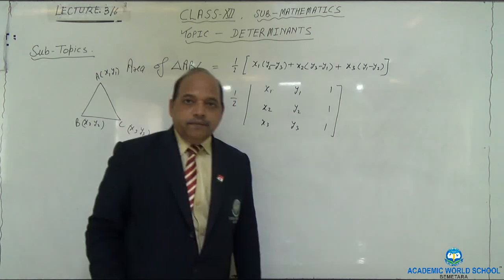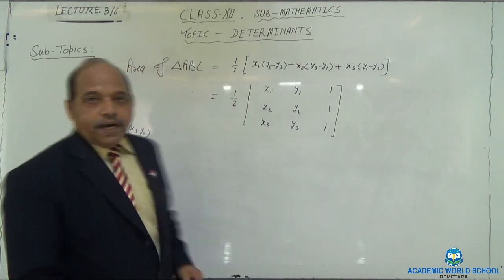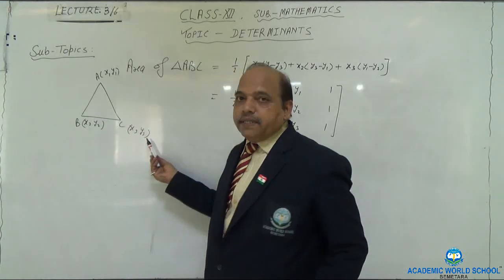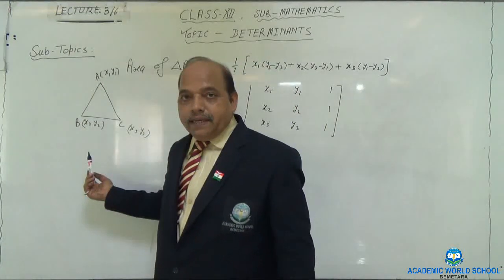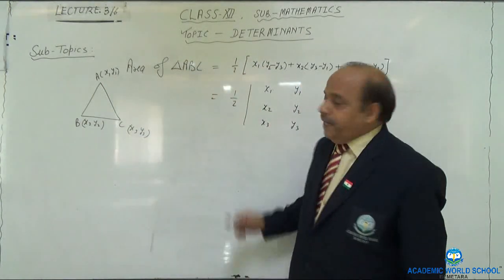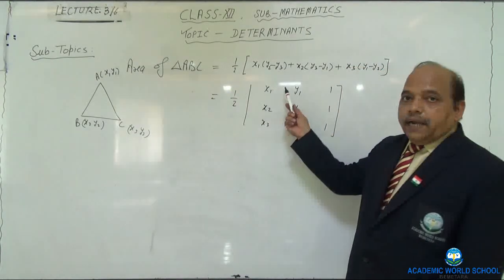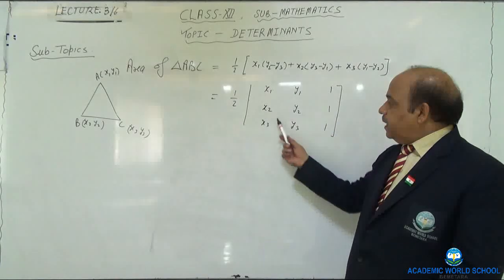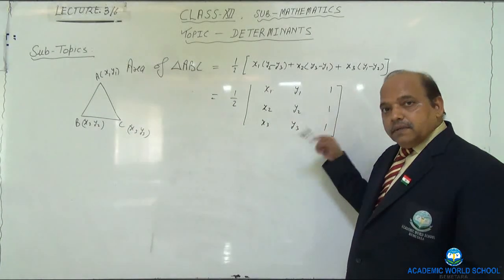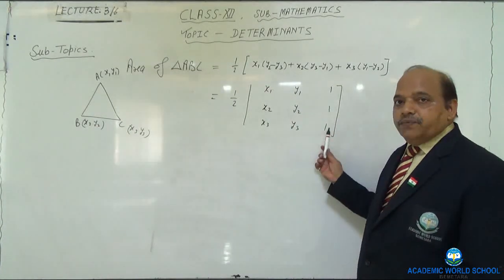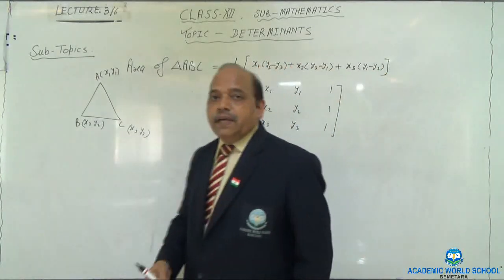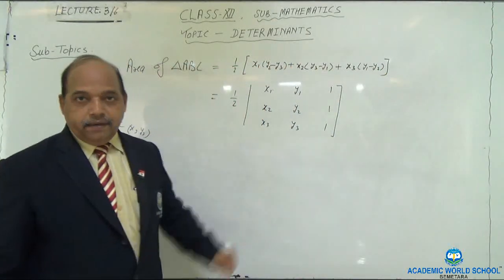So remember that if you are given coordinates x1 y1, x2 y2, x3 y3 as vertices of any triangle, then to find area of it, what you need to do? Write down first coordinate x1 y1 1, second coordinate x2 y2 1, then next coordinate x3 y3 1, and then simplify this. Whatever comes, that stands for the area of the triangle.